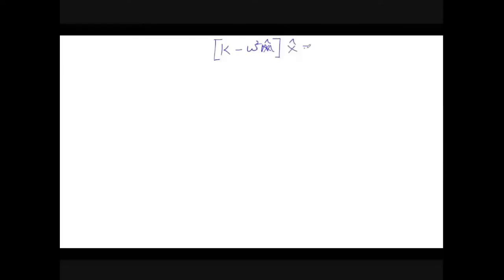So in this equation, x is the eigenvector, which basically is representing the shape vector, and mostly we call it a mode shape.